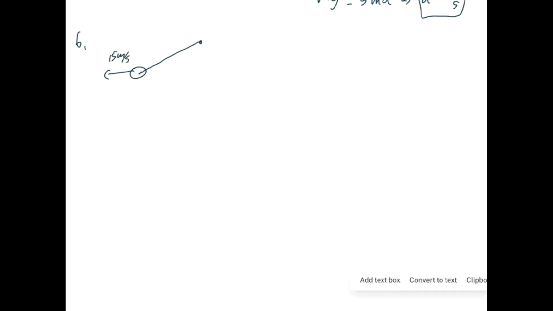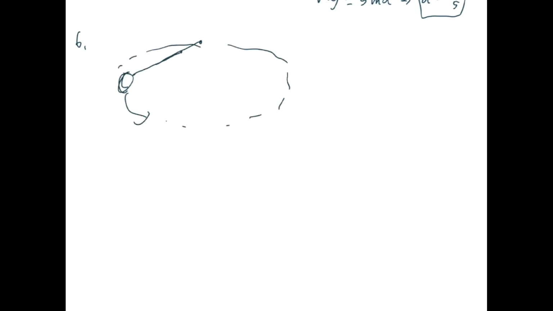Just imagine it moving around as it's swinging in a circle, and it has speed 15 meters per second. Okay. And we know that the rope is length 0.5 meters. So what we want to do is find this height here.